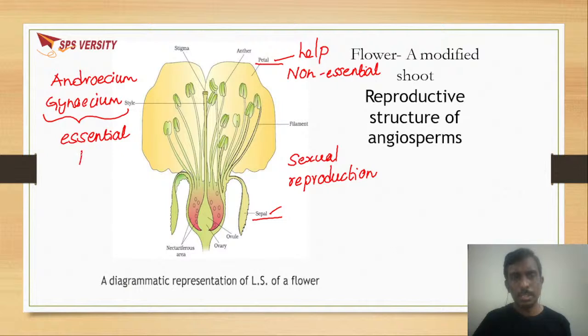It doesn't mean that non-essential means they are not useful. They are useful, they just help in the process of sexual reproduction. They are not directly involved, whereas androecium and gynoecium are directly involved. That's why they are called essential parts of the flower.